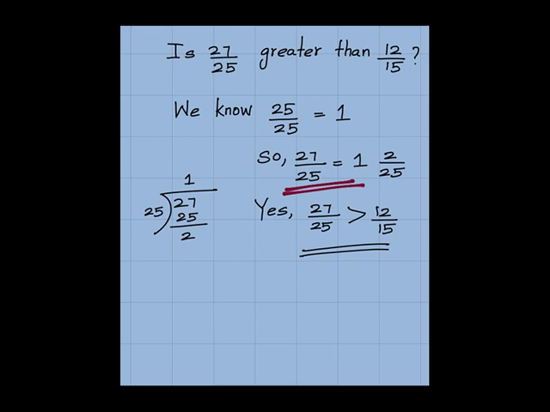Okay, so this is shown using division. So you can see it here. We have the quotient 1 and the remainder 2. The other number, if you see, the numerator is less, so 12 is less than 15.